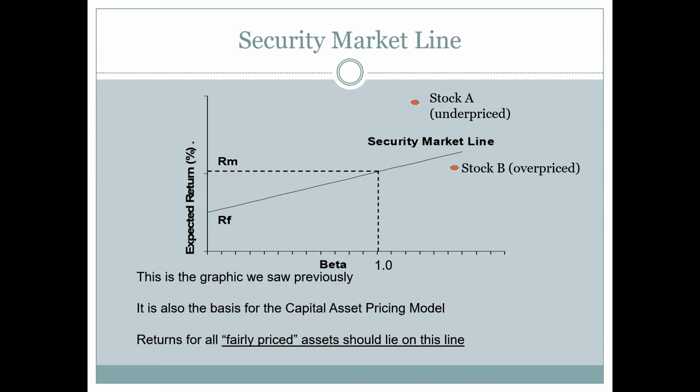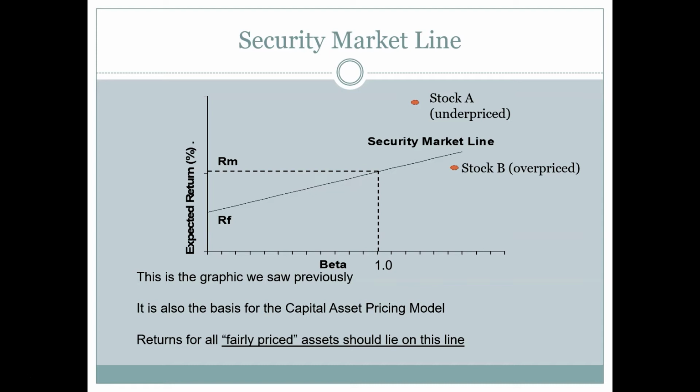And likewise with stock B, right? If we recognize that there's an asset out there that has the same risk as other assets that do have the same relationship with risk as the security market line, then everybody will recognize that as a bad deal. Right? Same risk, lower return. Nobody wants that deal. And when there's a lack of demand, the only thing that happens based on economics is that price falls.